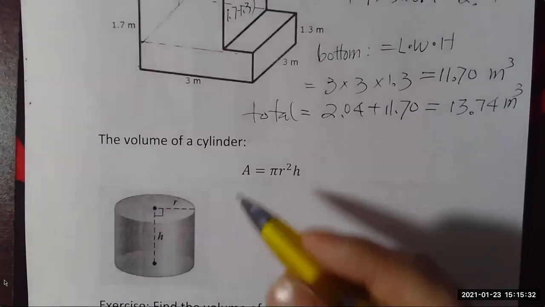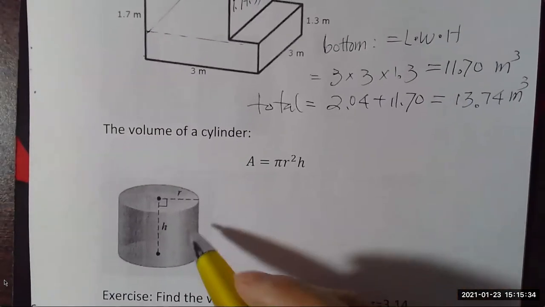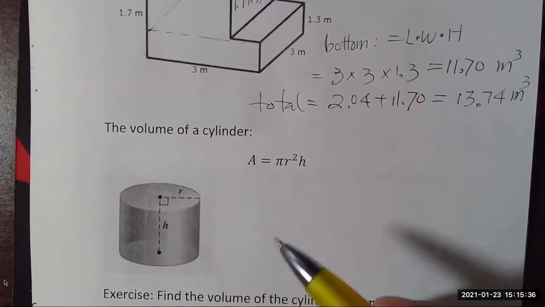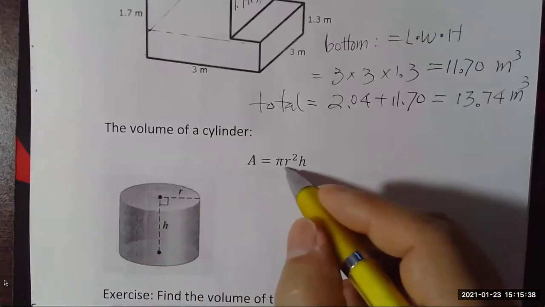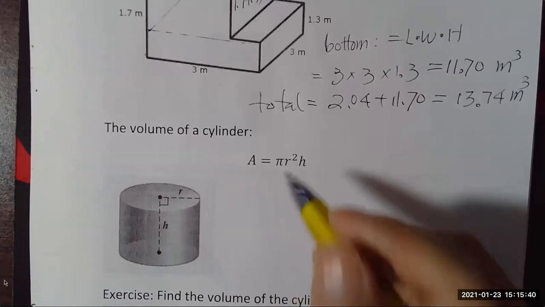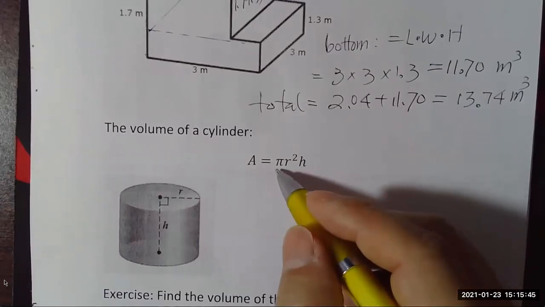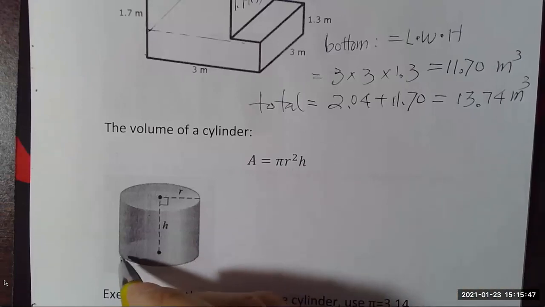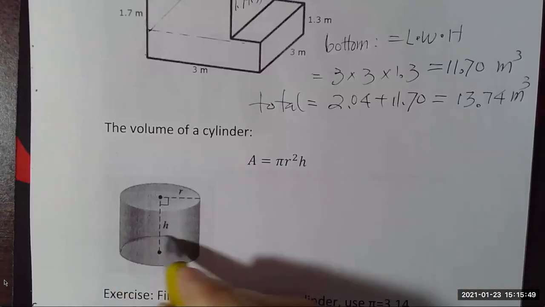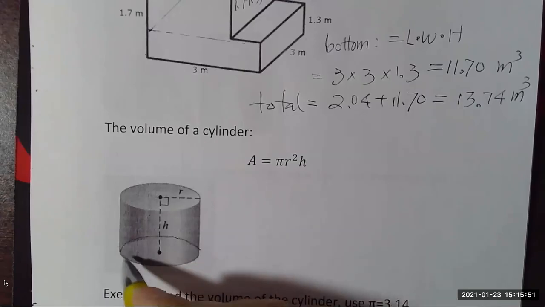Next one is a volume for a cylinder. Everyone knows what a cylinder is, right? The formula is pi r squared h. Anything that has the shape of round will have pi in it. The base of a cylinder is a circle.